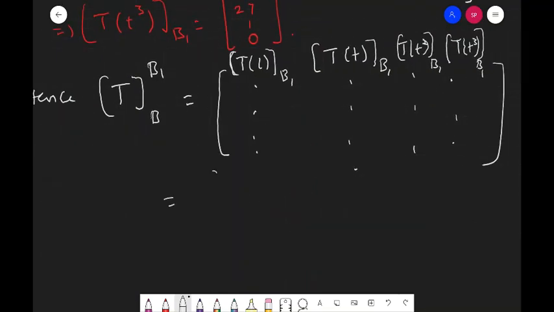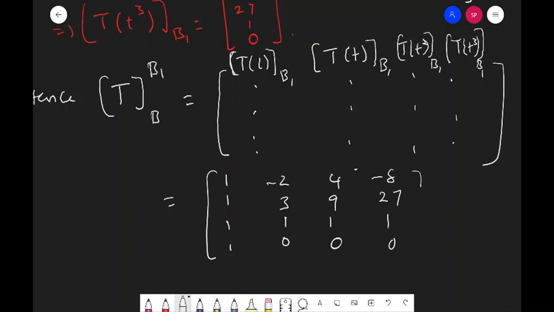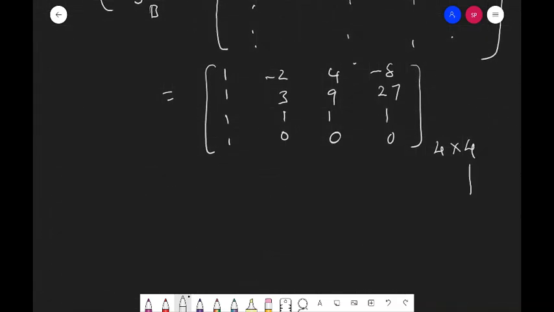So this is nothing but 1 1 1 1, and minus 2 3 1 0, and then 4 9 1 0, and minus 8, 27, 1, 0, and its order is 4 by 4, where you can see this 4 is the dimension of P3 and this 4 is the dimension of R4. This is the matrix.